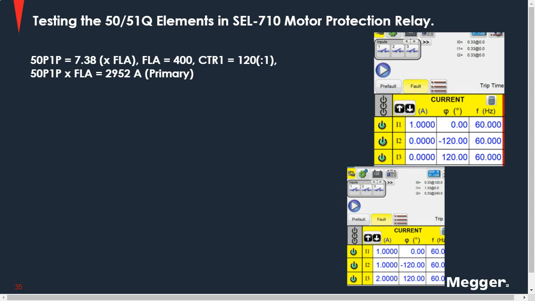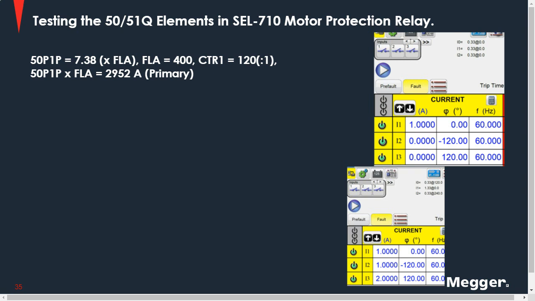And this is just an example of something I covered a couple of slides ago, as far as the 50P1P element that's in one of the 710 relays, and we see that we had a value of 7.38, but that was a multiple of full load amps.